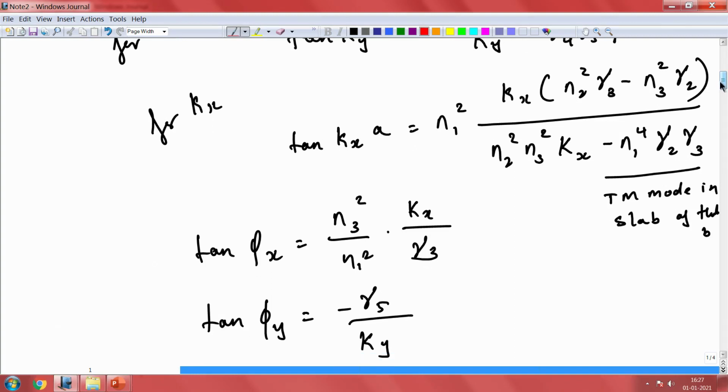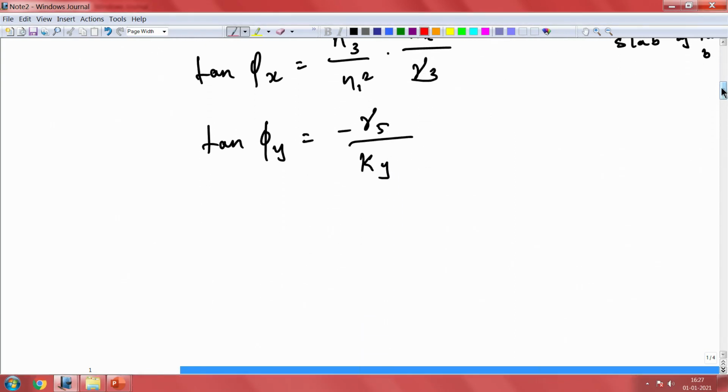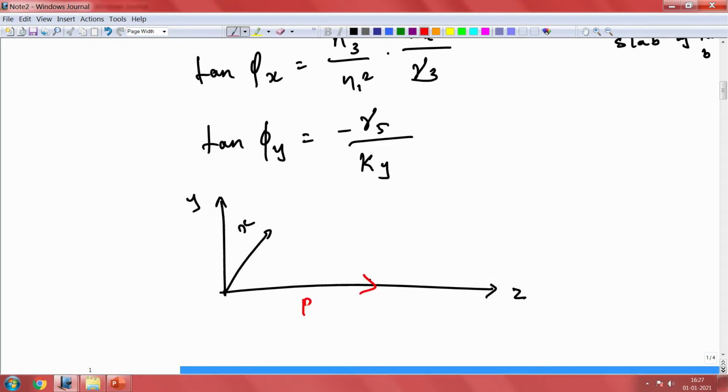So, let me quickly draw that particular vector diagram here, the three propagating vectors that we all know of. So, this is your propagation direction z, let us say, and let us say this is x and let us say this is y. So, when the wave is propagating, you will have a beta here. So, this is where it is propagating through.